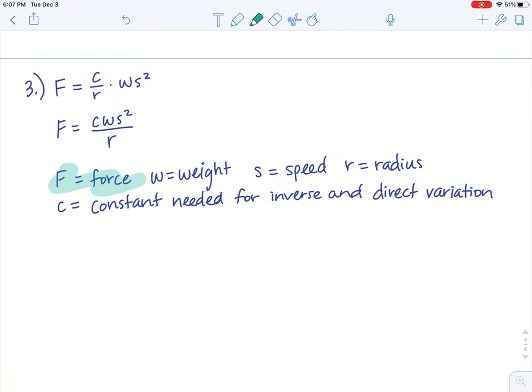So this formula is where F is force, W is weight, S is speed, and R is radius.